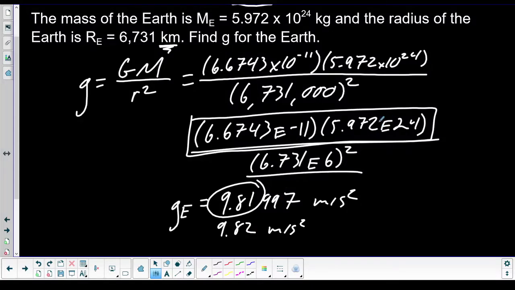I think the issue is maybe whatever search I did to find the mass and radius of the Earth, they're using slightly different numbers than people at NASA use. So it's a teeny tiny bit different, but it's not a big deal. It was close enough.